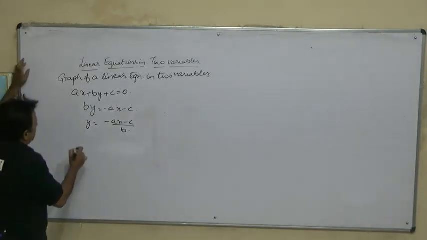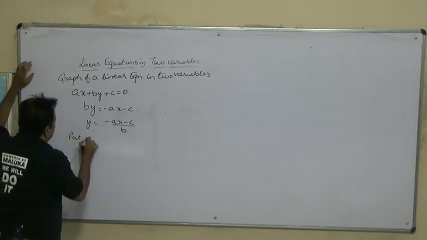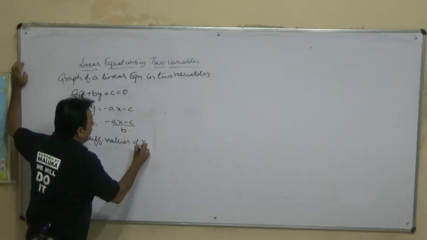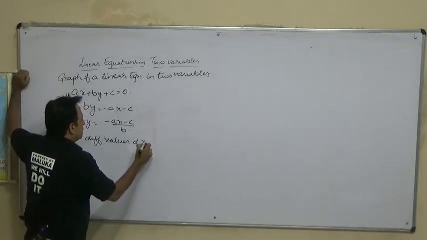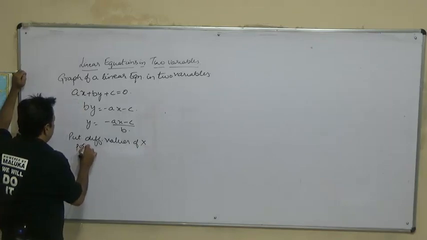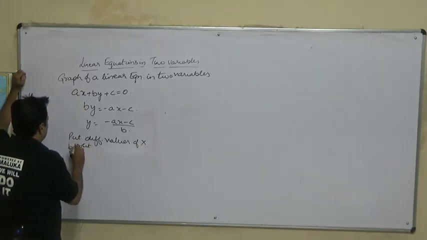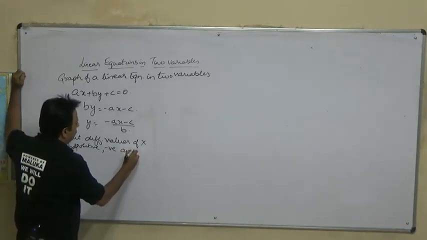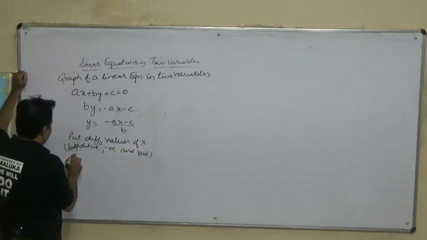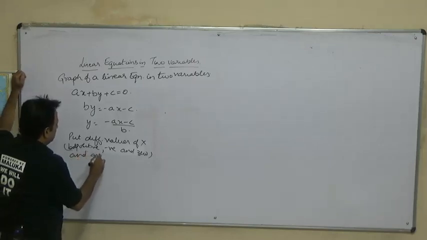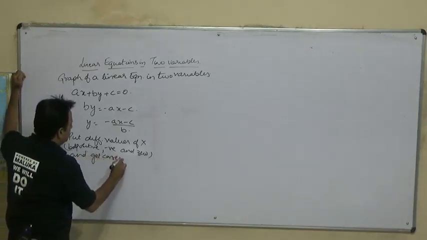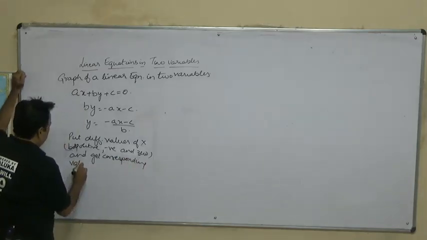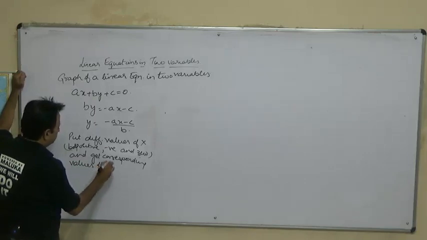So the algorithm is: put different values of x, both positive, negative and 0, and get corresponding values of y.